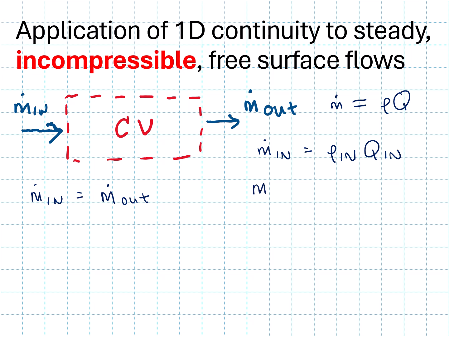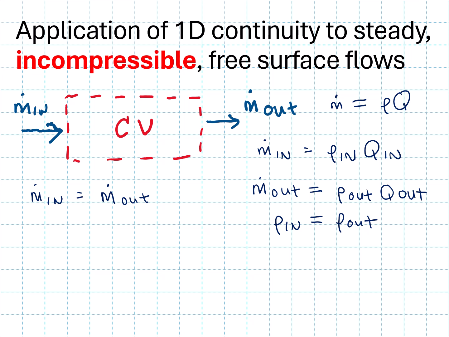And similarly, my mass flux out is going to be the density of fluid leaving the control volume multiplied by my volumetric flow out. Now, if we're working in an incompressible flow, we know something about the density, which is that it's not changing in either space or time. So I know that my density in has to be equal to density out.